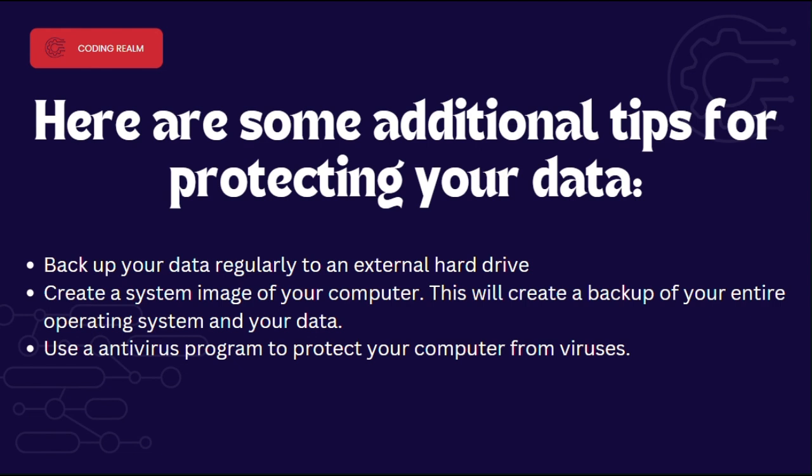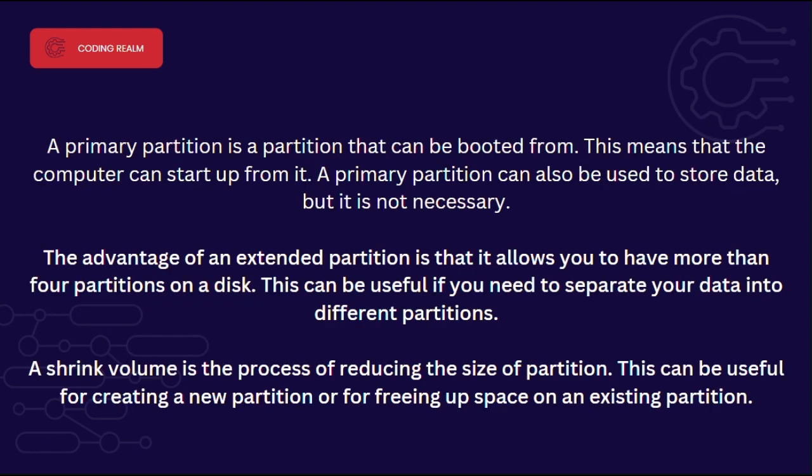In the primary partition, you have only 4 partitions on a disk, but in the extended partition, we have multiple partitions on a disk. A primary partition is a partition that can be booted from.